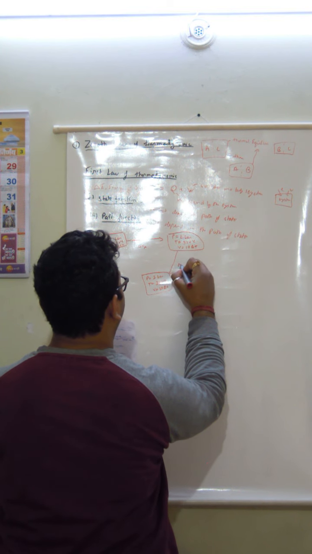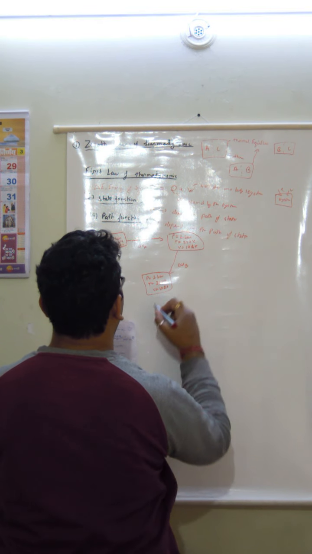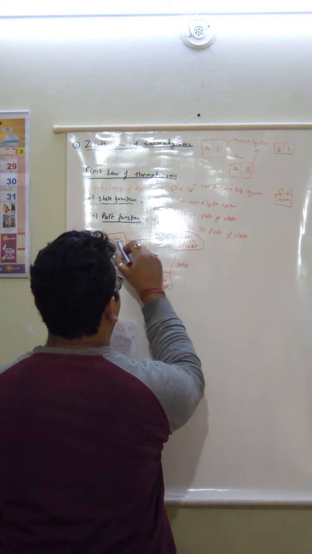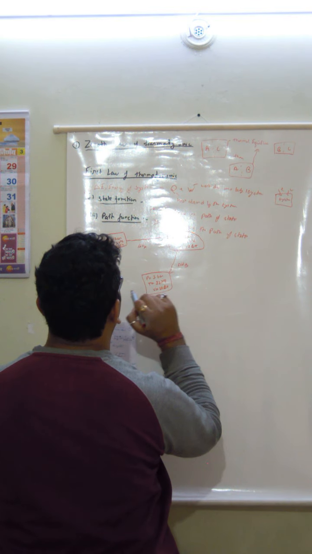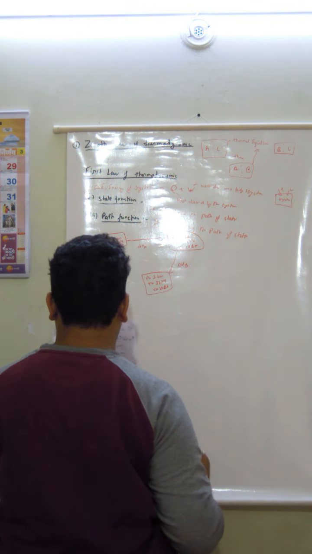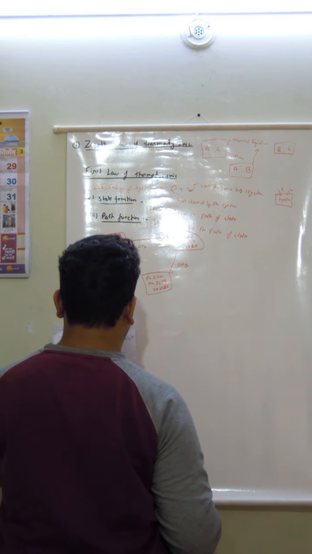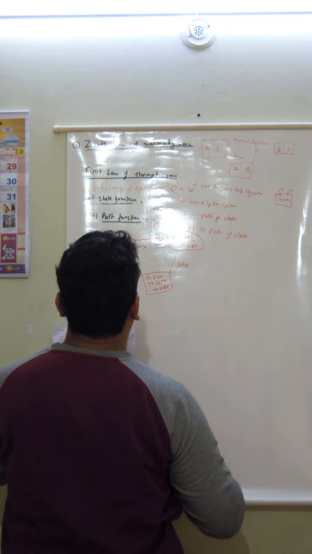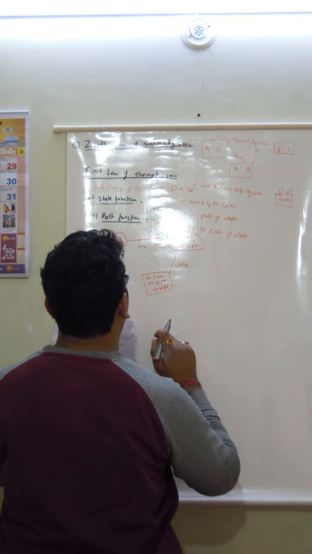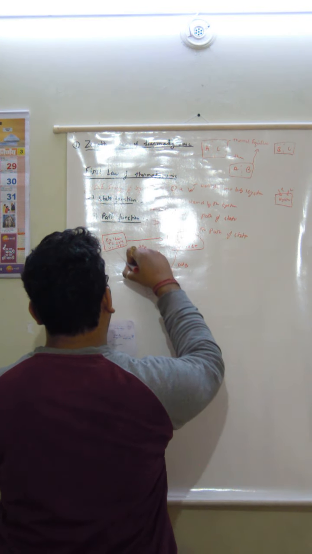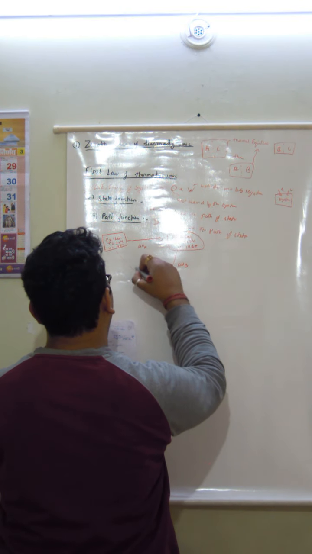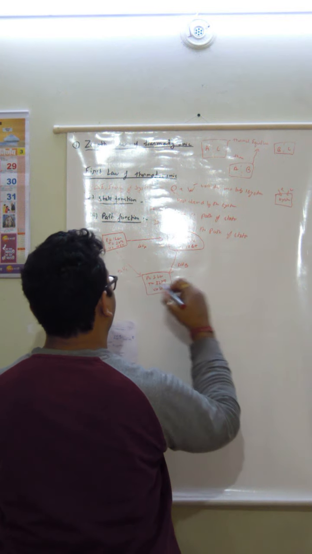This is an internal energy UB. We can go from that way to that way, and this is also an internal energy UC.